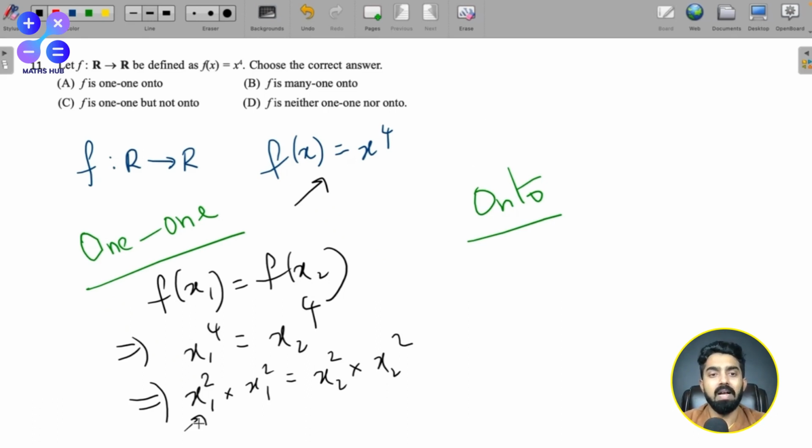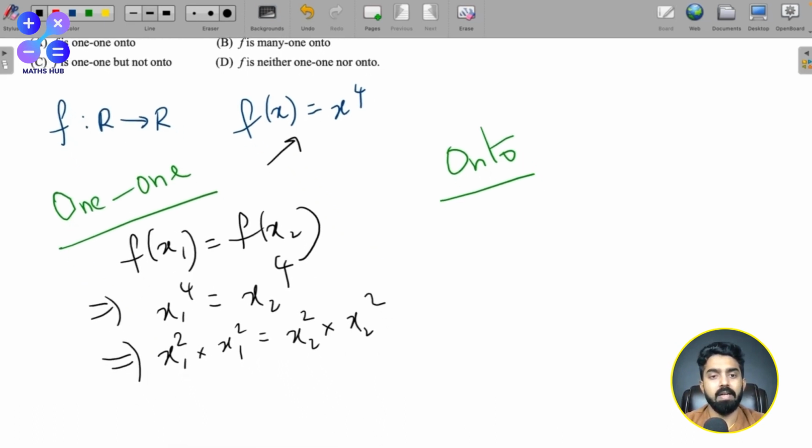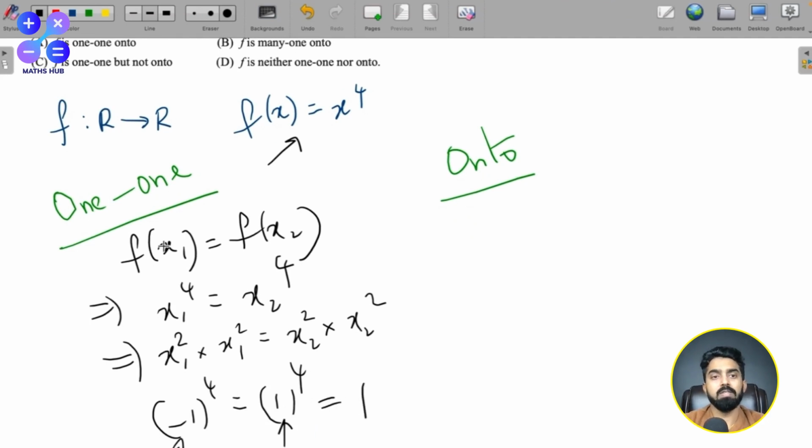For example, minus 1 power 4 will be the same as 1 power 4. So different values of x will give you the same answer 1. This means that there doesn't exist only one unique value of x such that it gives you only one unique value of y.